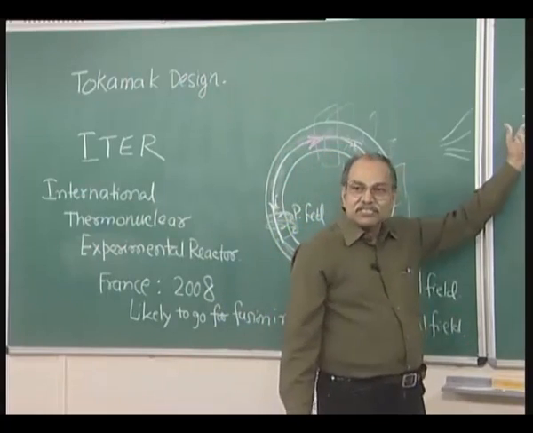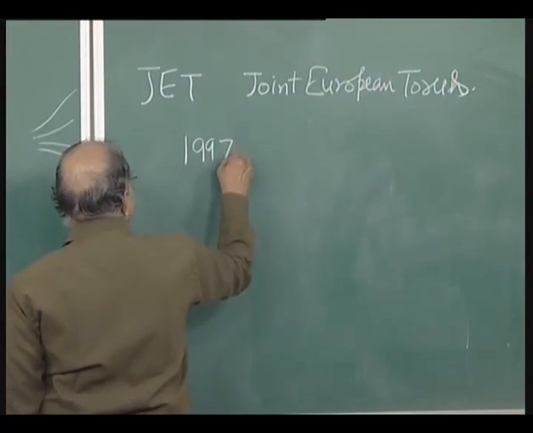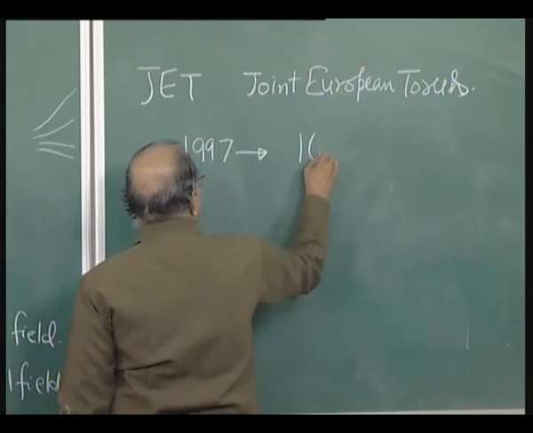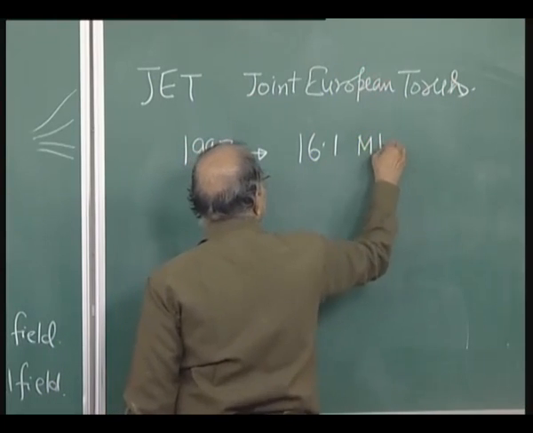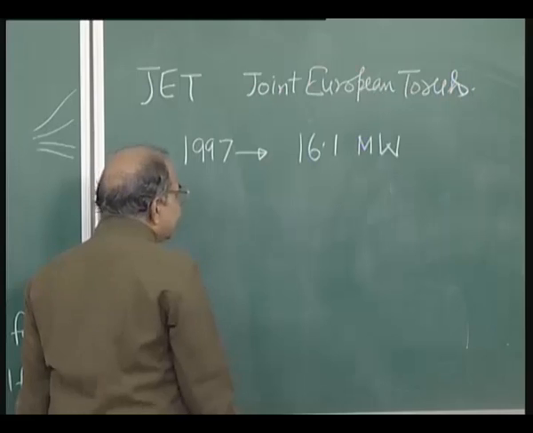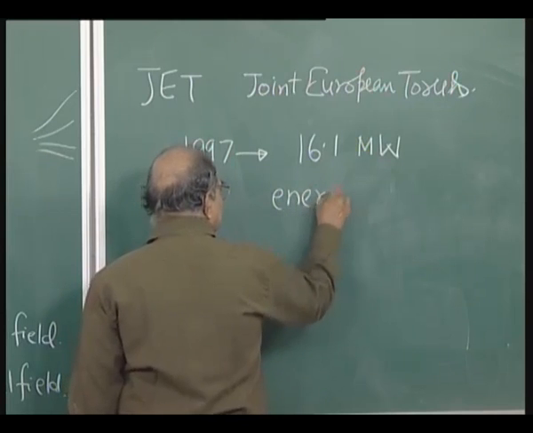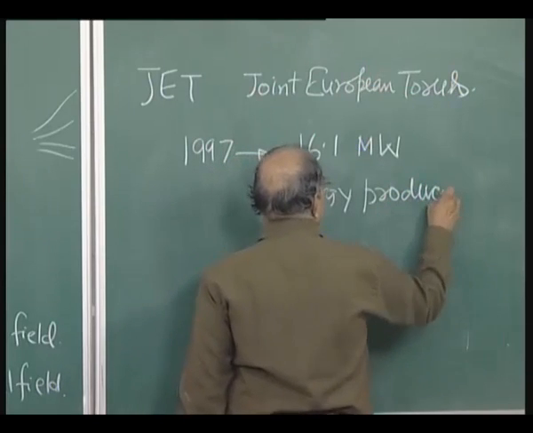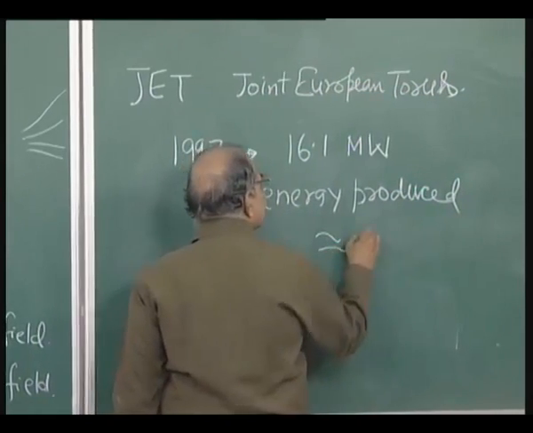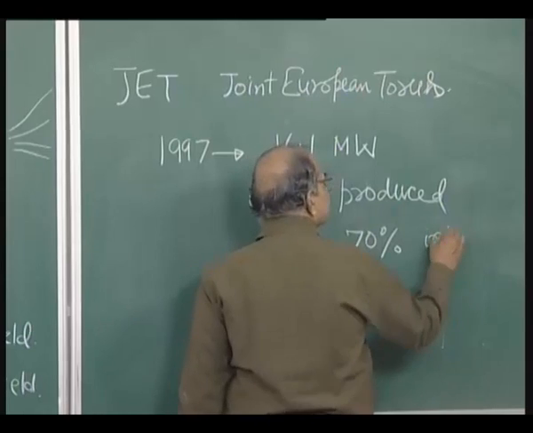shown maximum efficiency. So, in 1997 or so, it produced a peak of something like 16.1 megawatt, and the energy produced was around 70% of the input energy given.